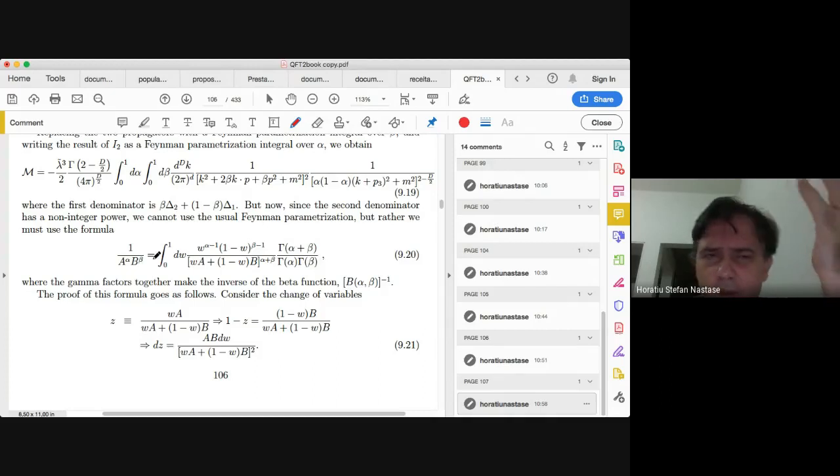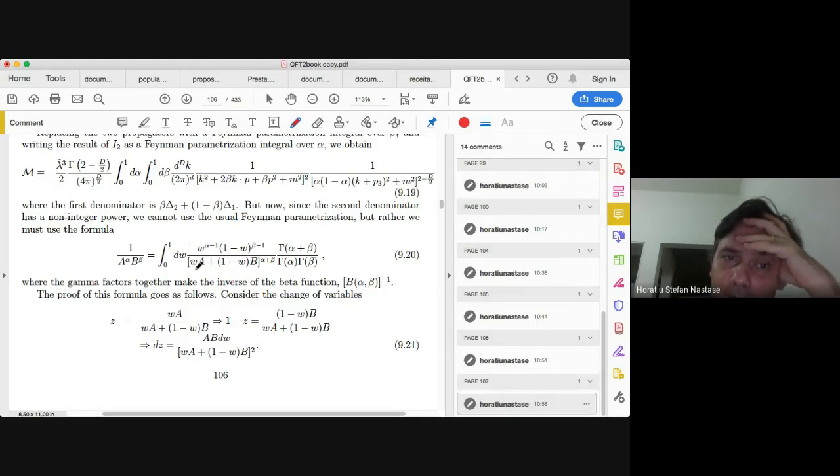I mean, I suppose it could also be complex, but real is fine. So the formula that I wrote is here. This is again an integral over some Feynman parameterization like parameter, so an integral over something dw going from 0 to 1.